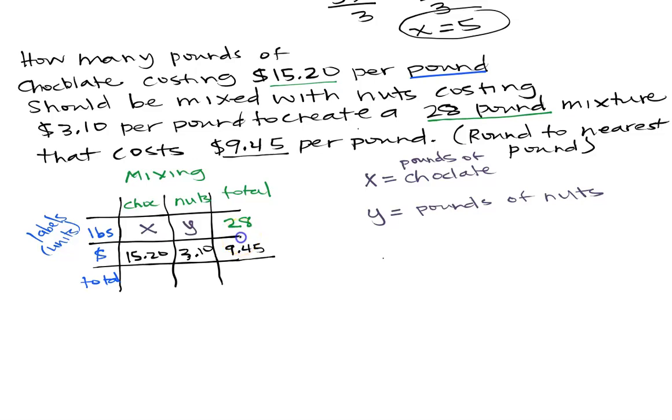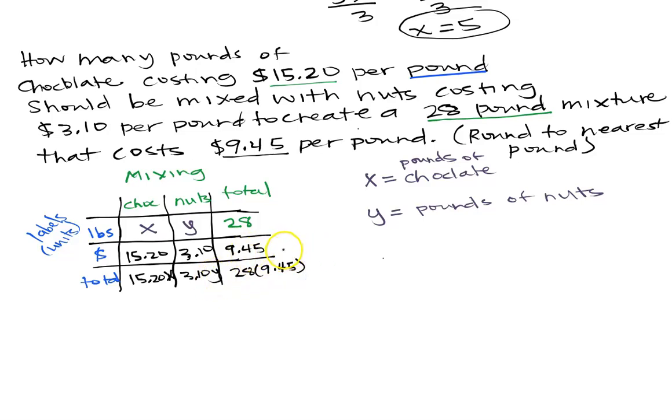And then on this last row, to the total, I'm just multiplying the first two rows together. So x times 15.20, so 15.20x, and then 3.10y, $3.10 times y, and then 28 times 9.45.